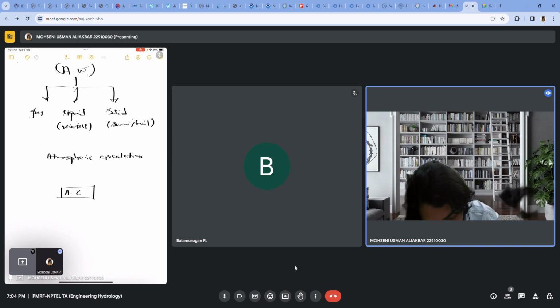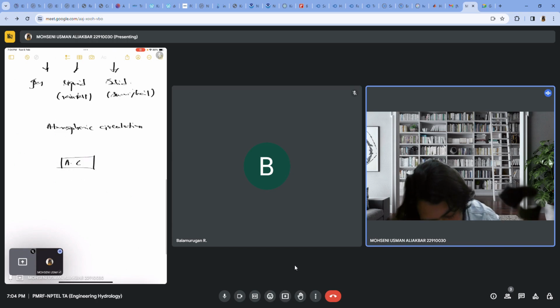From where do we get the water? Let us say there is a water body present along the ground surface. We call it ocean. From the ocean, due to heat energy we receive from the sun, water starts evaporating. So evaporation happens from a water surface, which we are calling ocean.